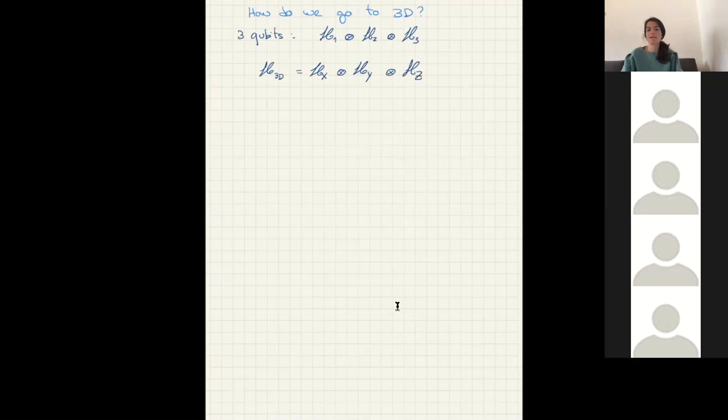Okay. And each of these Hilbert spaces is going to be exactly like the particle on a line that we saw in the beginning. So what is a basis? I can say that the Hilbert space in 3D is the span of |x⟩ on the system X. Now whenever I remember, I'll make the subscripts explicit.